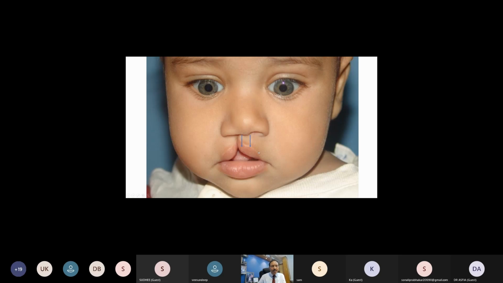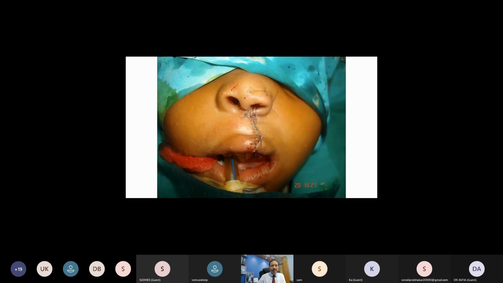So this is how horizontal you want it, and the same length is transposed here. So all these lines are similar. This has to come at this level. This has to be equal to this, and they all have to come at one level. And this is the difference between the heights of the philtral ridge. So by rotating a flap, you can repair it.